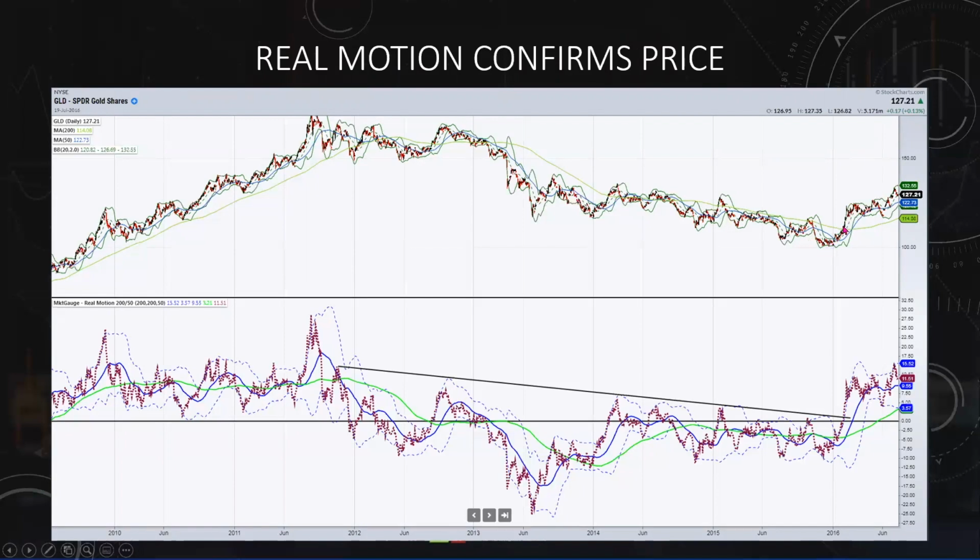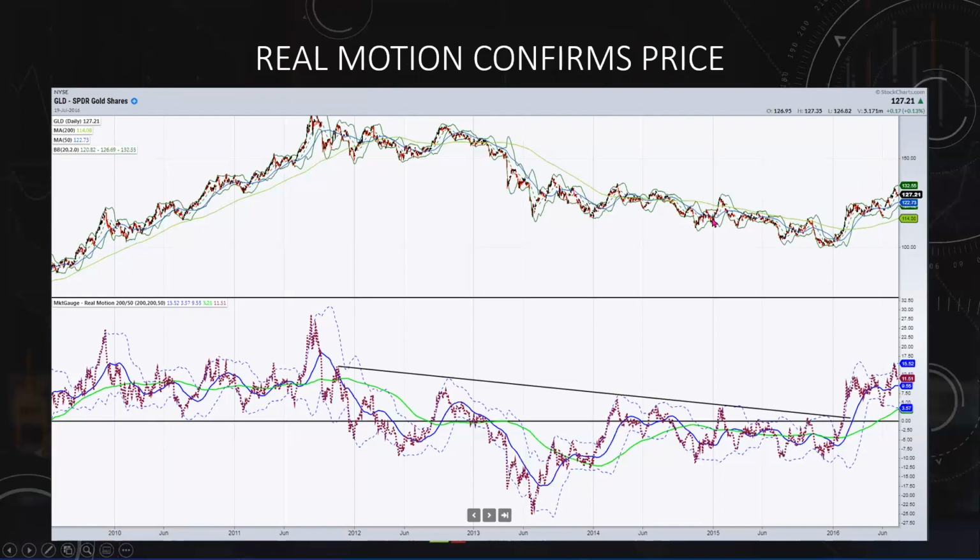And then, of course, you got a really nice breakout. So in this case, again, a bit of some leadership, but overall, real motion confirms the price momentum and this important breakout for the first time over the 200-day moving average.